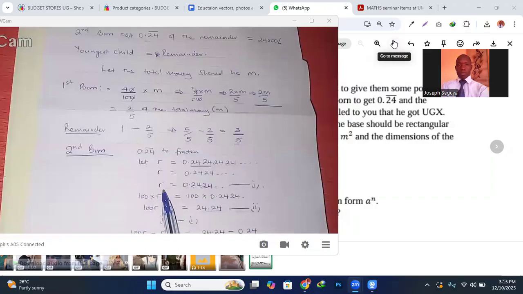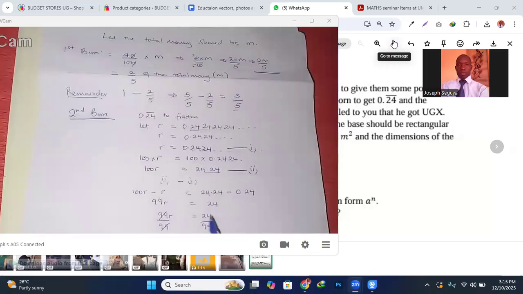So the first equation has R on this side, and the second equation is 100R equals, if you multiply 0.2424 by 100, you get 24.24.